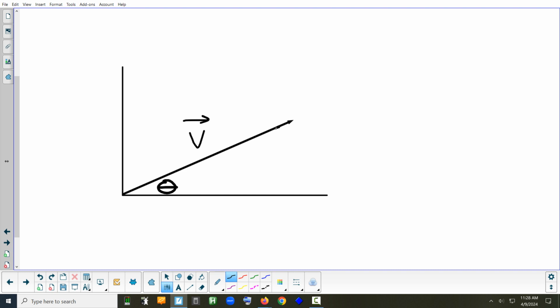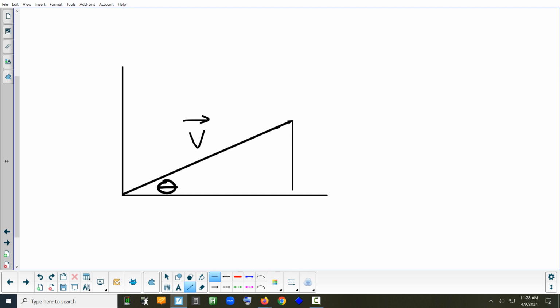What do you think I'm going to do with that arrow to break this down into a horizontal and a vertical? We're going to make a right triangle by drawing a perpendicular from the terminal point straight down.